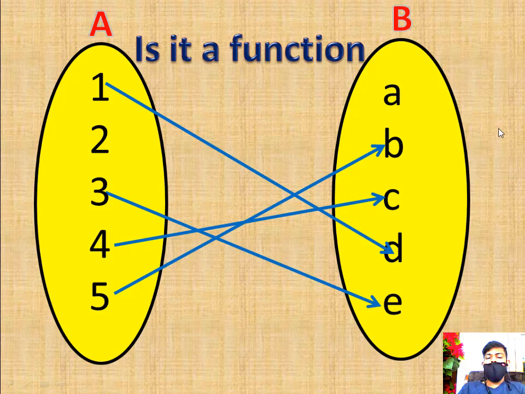So here by definition of function, every element of A has a unique element in B. But look at the element 2 in A that has no image in B. Therefore, it is not a function.